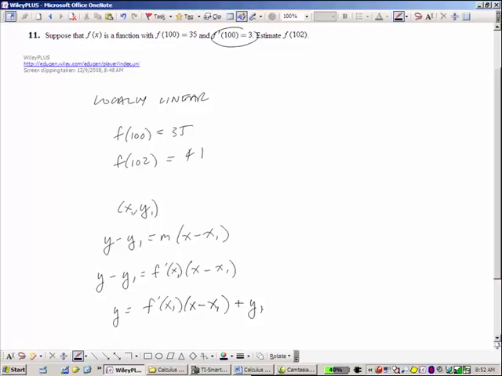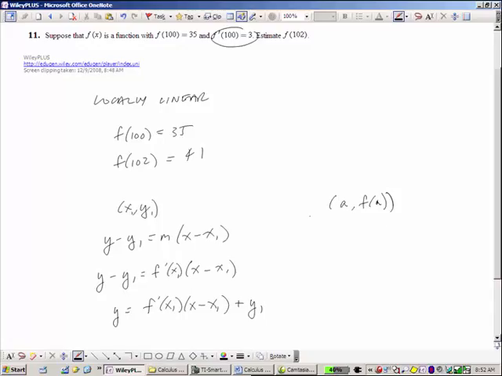Sorry, you don't have to write it all down. I apologize. I'm going to write it down again, and if you already wrote it down, you don't have to write it down in different notation. But the way you might see it, and the way it probably is in your book, instead of a point x comma y, there's probably a point like a comma f of a. Is that okay?